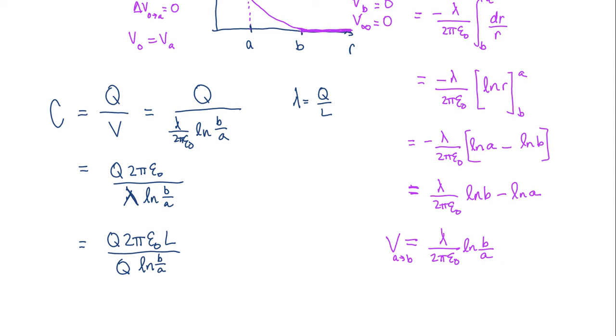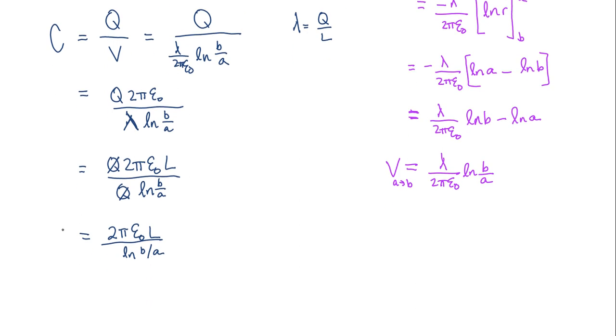Okay, so now we need to get rid of the Q. We can factor that out, which does actually make sense for the capacitance. We'll talk about that in a second. Where we have here now an expression 2 pi epsilon naught times L over the natural log of B over A. And that's actually the expression for a cylindrical capacitor.